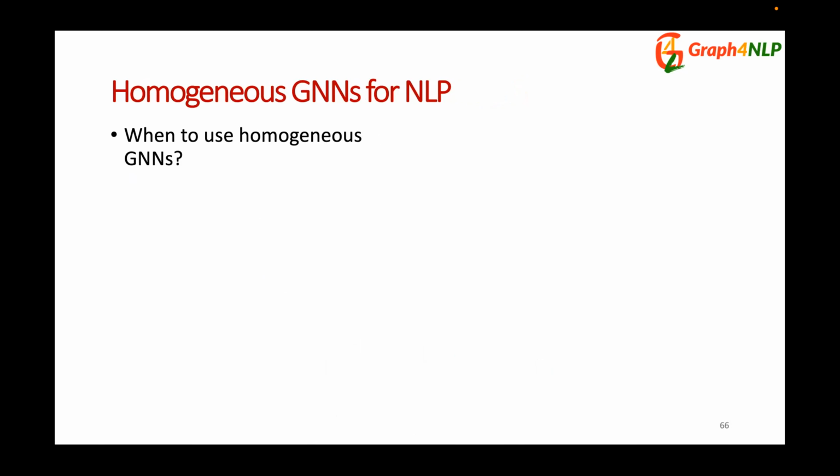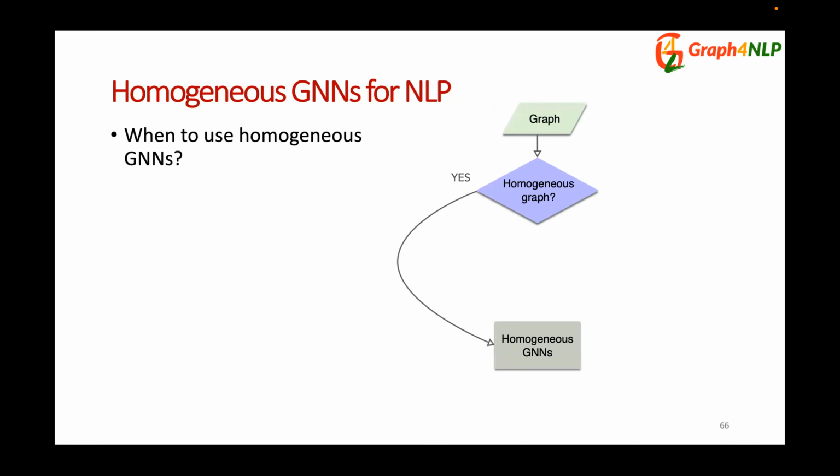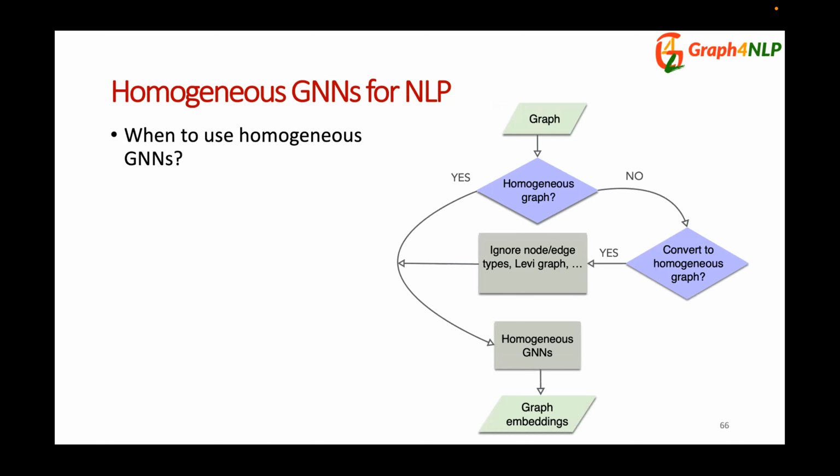When to use homogeneous GNNs given a graph? If it's a homogeneous graph, then of course we can apply homogeneous GNNs to it. Or if it's a non-homogeneous graph, we can choose to convert it to a homogeneous graph by leveraging some techniques which we will introduce later.